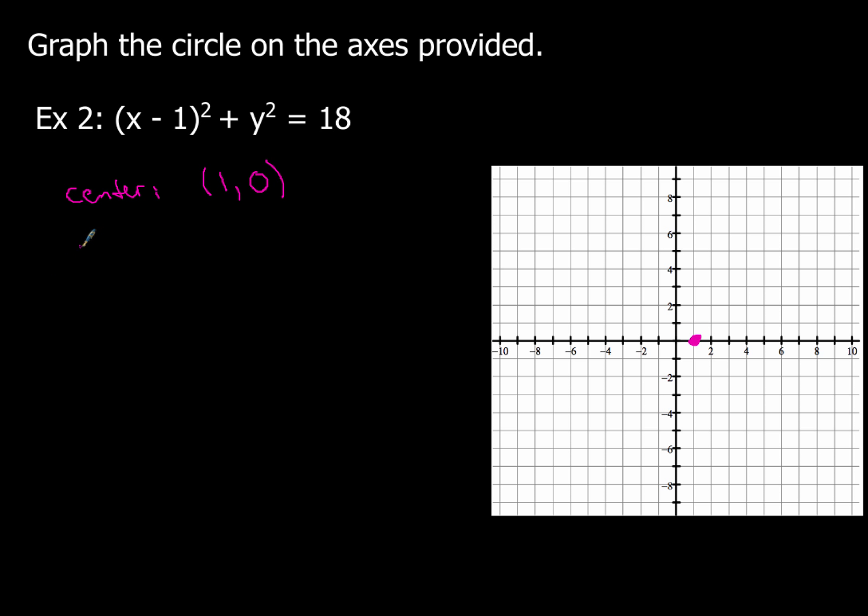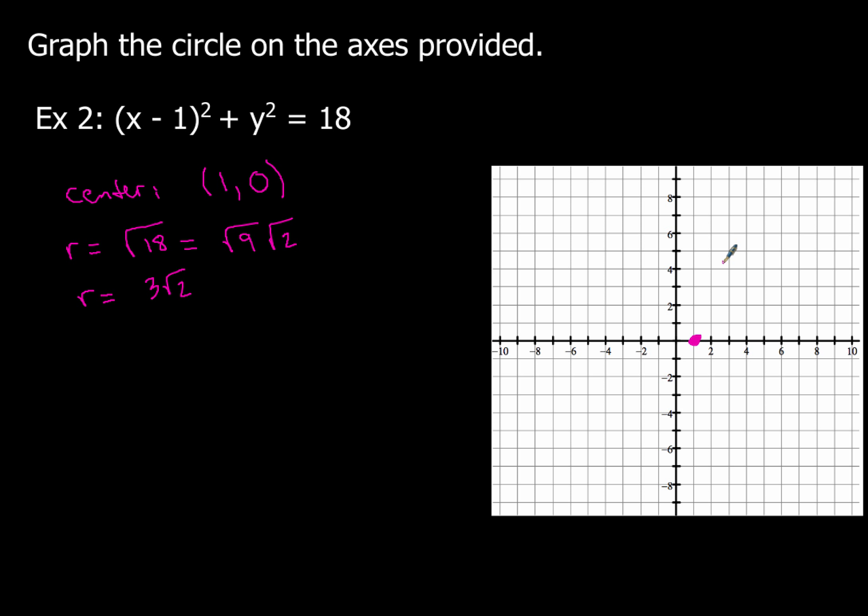Now this is where we're going to have to do a little bit of work here to come up with my radius. So the radius is going to be the square root of 18. Well, I don't know what the square root of 18 is, but I know that I could break that down to the square root of 9 times the square root of 2. And if I were to simplify that, I would end up with 3 square roots of 2. Well, I don't know how much that is.